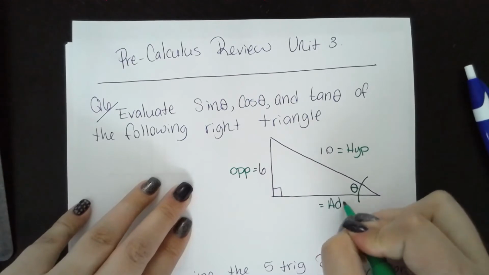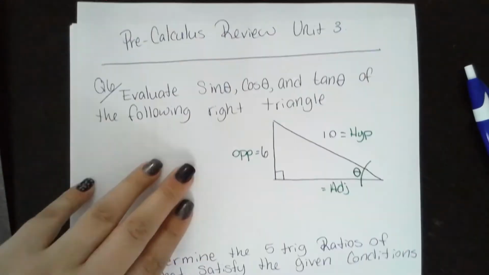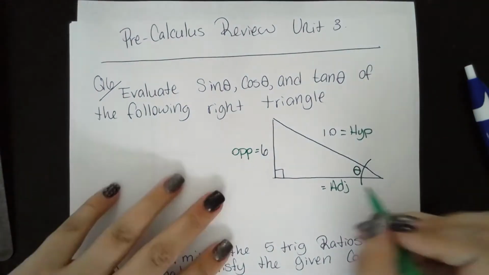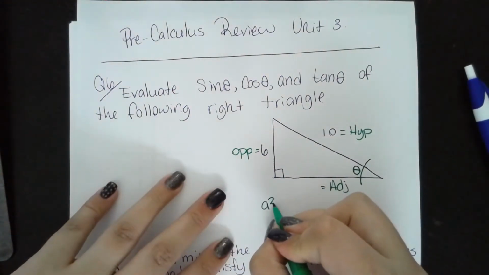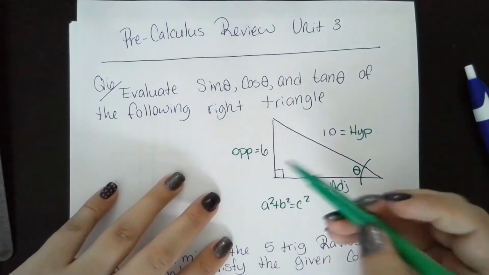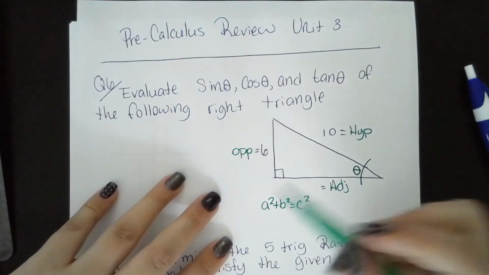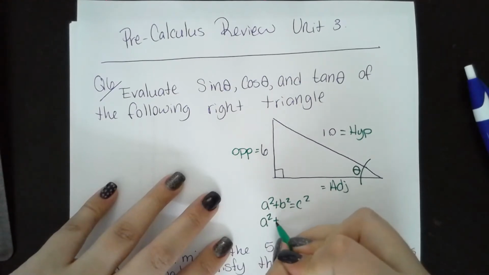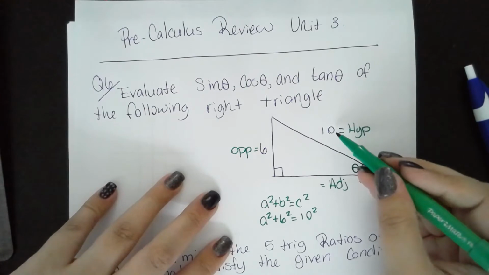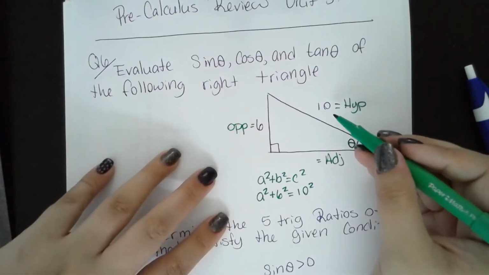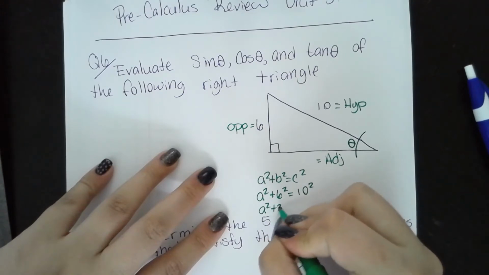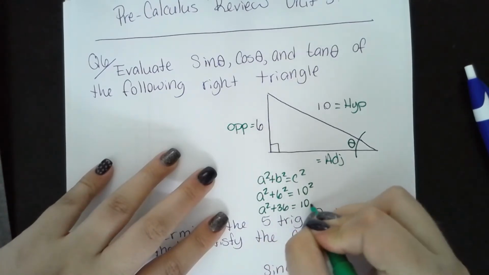Now the problem with the adjacent side is we are missing a value. That's where we're going to use a squared plus b squared equals c squared. So this can be a, so we're going to say a squared plus 6 squared equals 10 squared. Remember, c is always 10 because it's the longest side. This becomes a squared plus 36 equals 100.